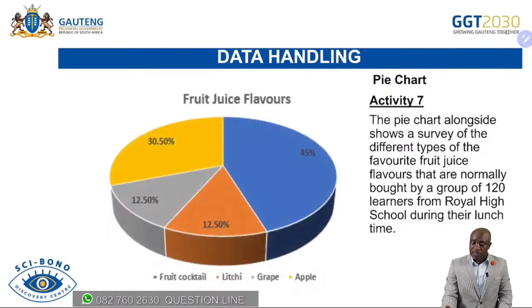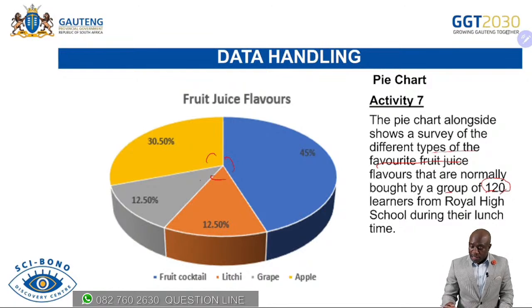The pie chart alongside shows a survey of the different types of favorite fruit juice flavors that are normally bought by a group of 120. We need to know how many learners we have there, because our pie chart either gives us the percentages or it's drawn according to the degrees, because we measure the degrees. The bigger the slice, the bigger the numbers in that group.